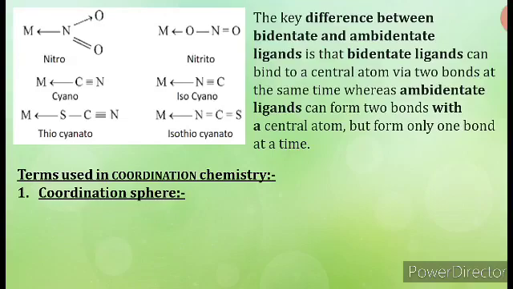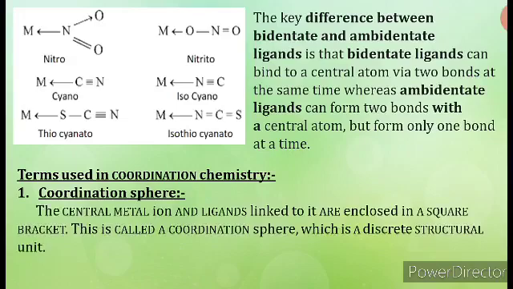So coordination sphere is the sphere which encloses the metal ion and ligands which bind together through coordinate covalent bonds, and it is denoted by square bracket. It is denoted by square bracket.